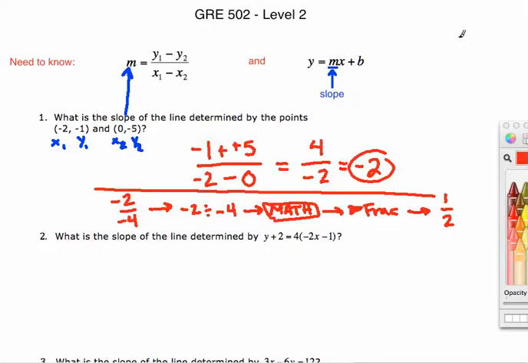Another side note is that if you ever end up with something that looks like some number, let's say 3, over 0, if you ever divide by a 0 that's mathematically not okay, that means your slope is undefined.